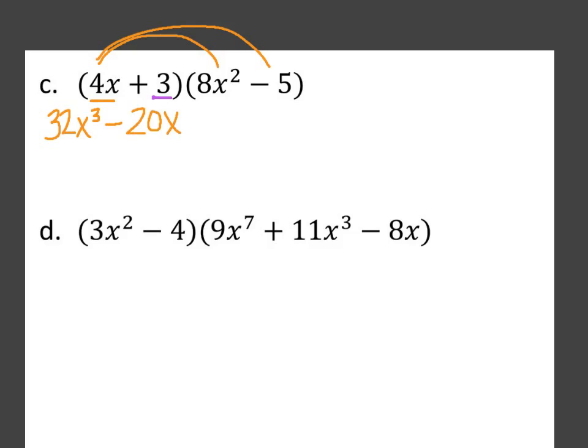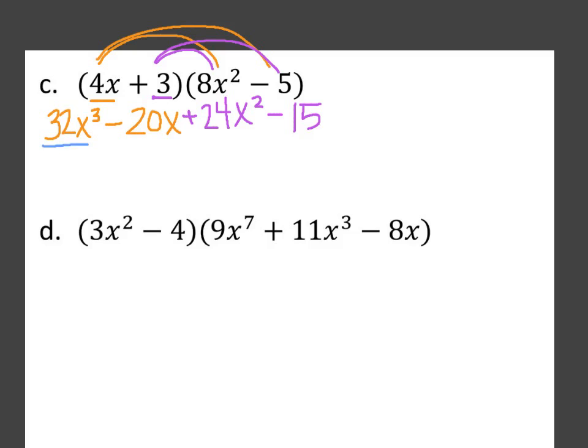But now I also need to distribute the 3. So I'm going to go 3 times 8x to the power 2, which would give me plus 24x squared. Then I'm going to take 3 times negative 5, which would give me negative 15. Now the last thing I have to do is take this polynomial and rewrite it in standard form.